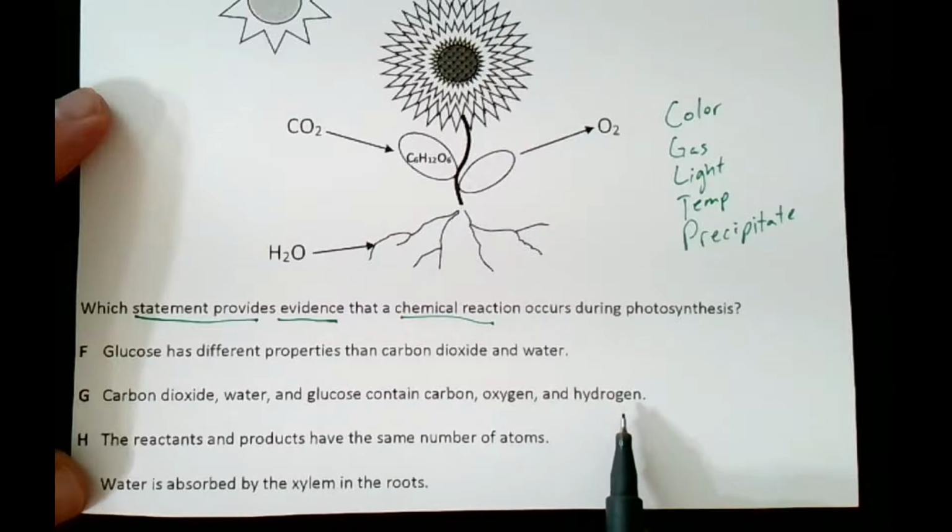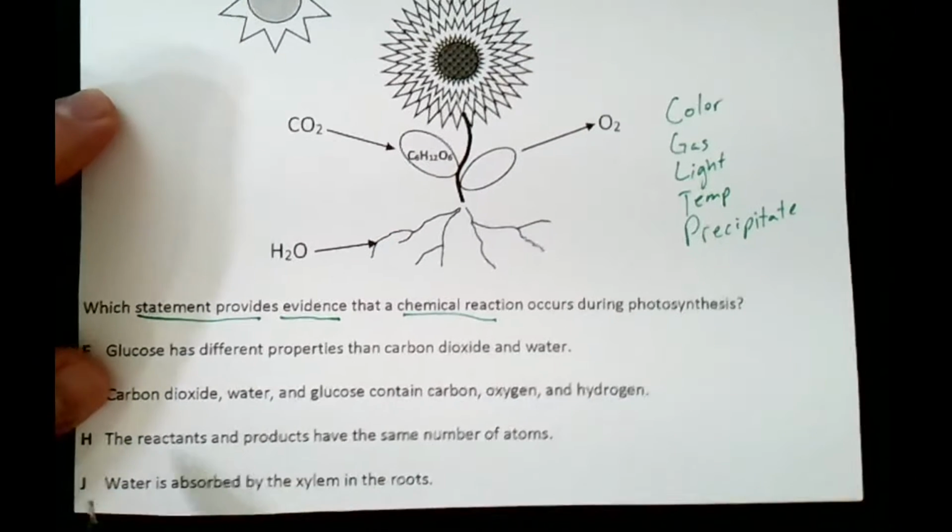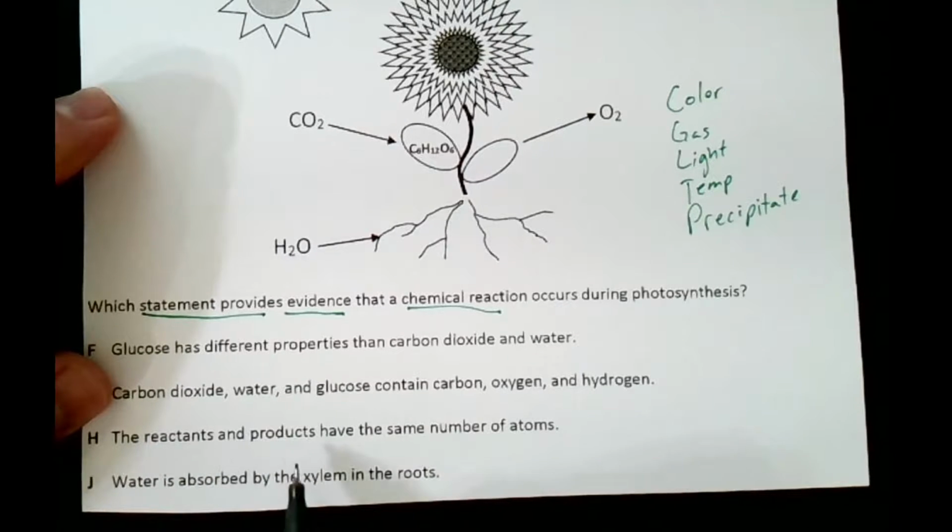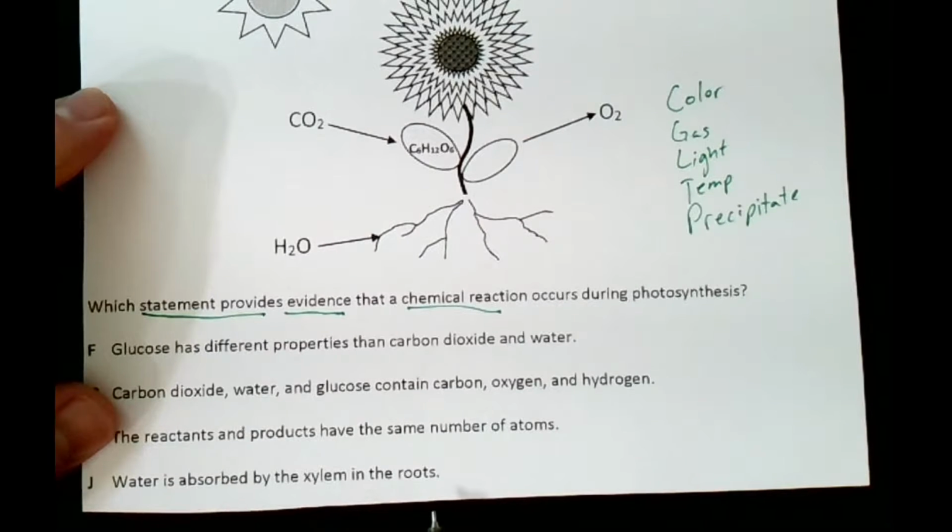Using the question on your screen, it's going to pop up right now. Okay. H, the reactants and products have the same number of atoms. J, water is absorbed by the xylem in the roots. Does that provide any evidence that a chemical reaction has occurred?